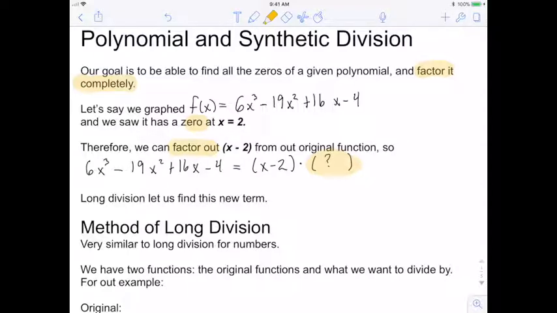So let's start talking about long division of polynomials. Now, long division of polynomials is actually very similar to long division of numbers. So we'll define some terms, and then for the rest of the section we'll primarily look at examples so that we can get the ideas down.